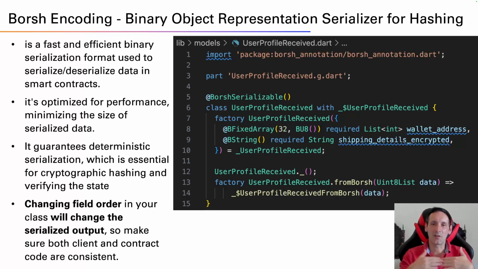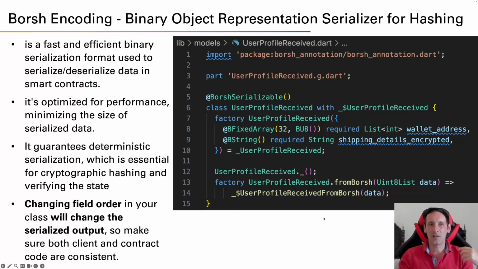So consistency between our client data objects and the contract data objects is crucial; that consistency must exist on both sides. As I said here on the slide, changing the field order in your class will change the serialized output. So make sure that both client and contract code are consistent.